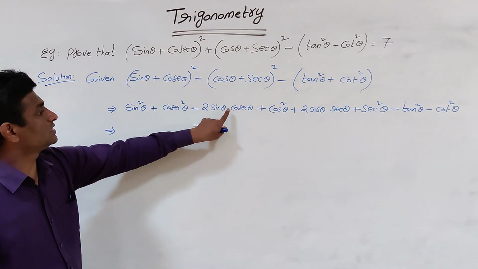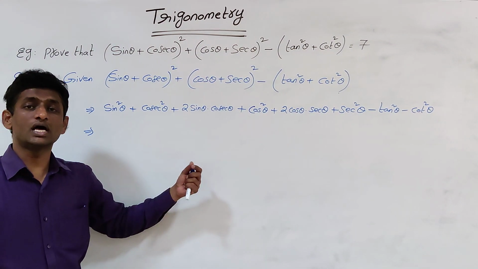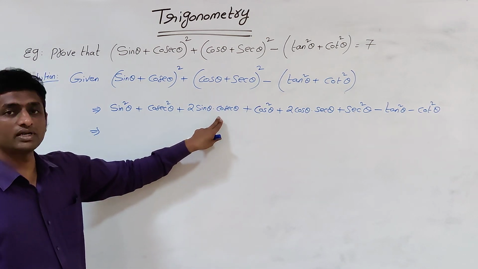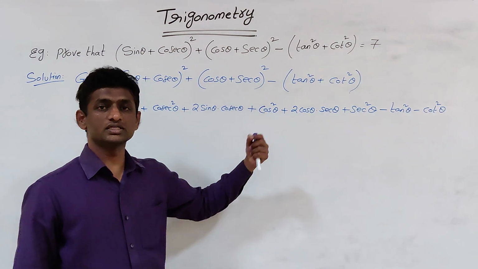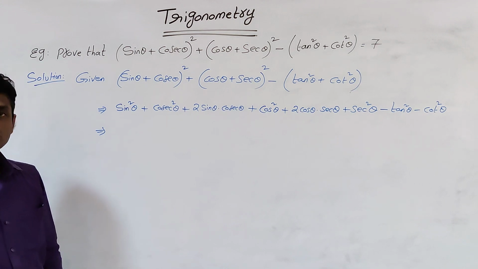So 2 sin theta cosecant theta: sin theta and cosecant theta are reciprocal to each other, so their product is 1. Similarly, cos theta and secant theta are reciprocal to each other, so the product is also 1.